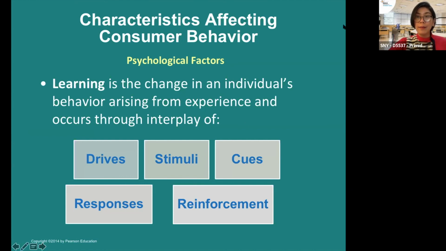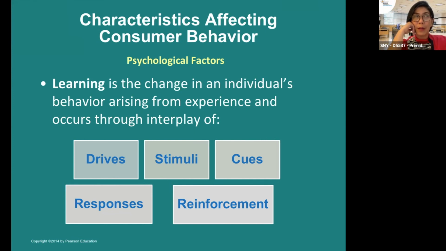Well, learning, this is another psychological factor. This is the change in an individual's behavior based on experience and occurs throughout life. It is the combination of drive, stimuli, cues, responses, and reinforcement.